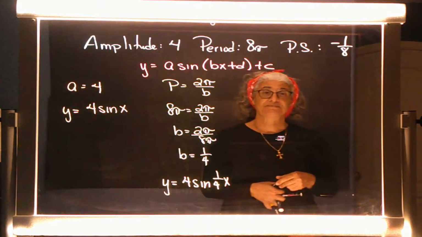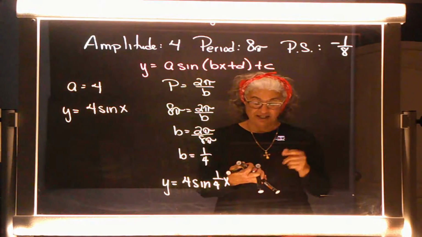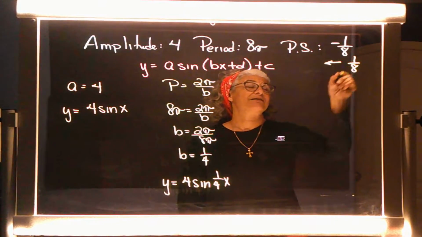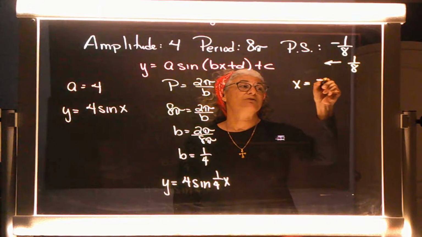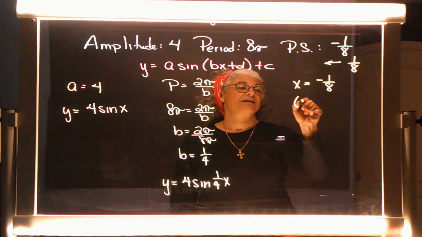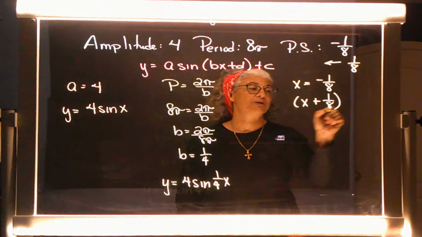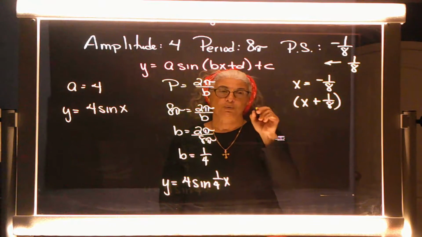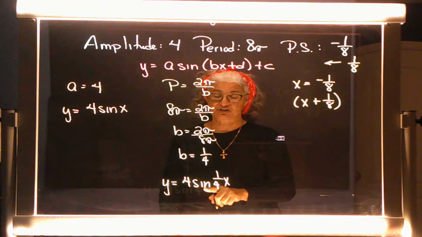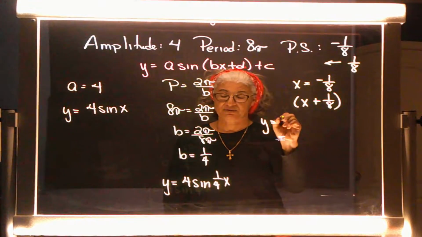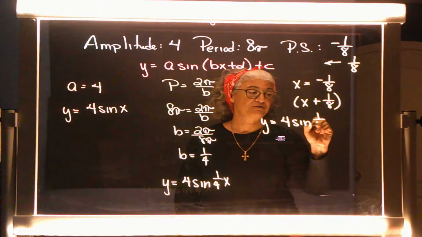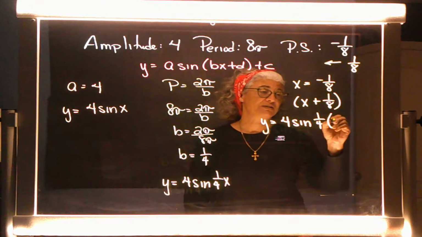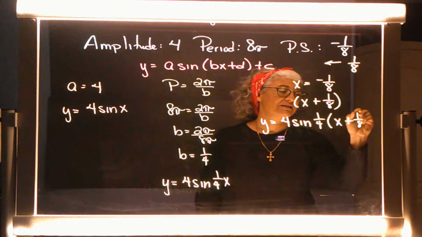So far so good? Last but not least is that phase shift. This phase shift tells me that it went left 1/8, which means x was equal to a negative 1/8. And when I work backwards, that means in the parentheses was x plus an eighth. So my equation is evolving, we have y equals 4 sine of 1/4. Now again, I find this much simpler to do than how the authors explain it. x plus 1/8 is in that parenthesis.